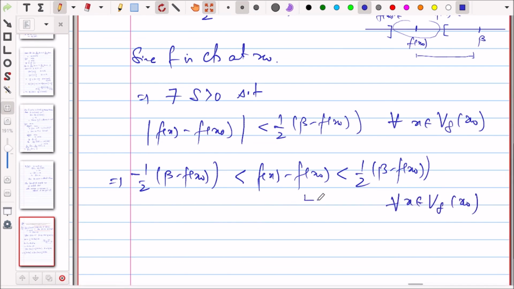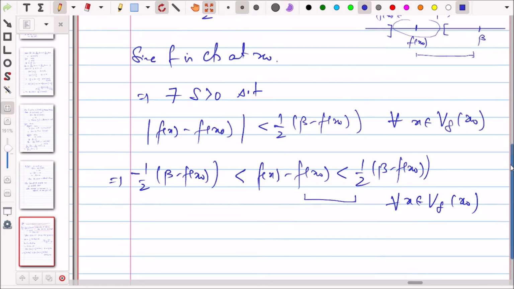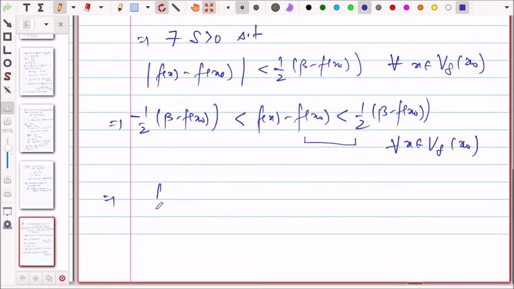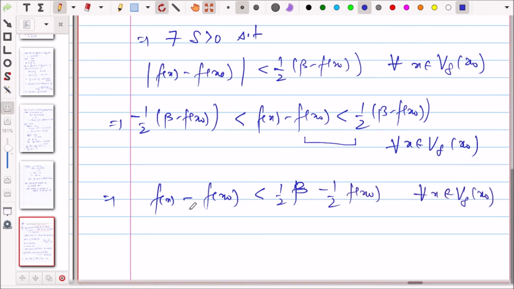Now we are going to use this inequality. Using it, f of x minus f of x naught is less than 1 by 2 times beta minus 1 by 2 times f of x naught for all x belonging to the V delta neighborhood of x naught, and this implies f of x is less than 1 by 2 times beta plus 1 by 2 times f of x naught, because the f of x naught will come here.